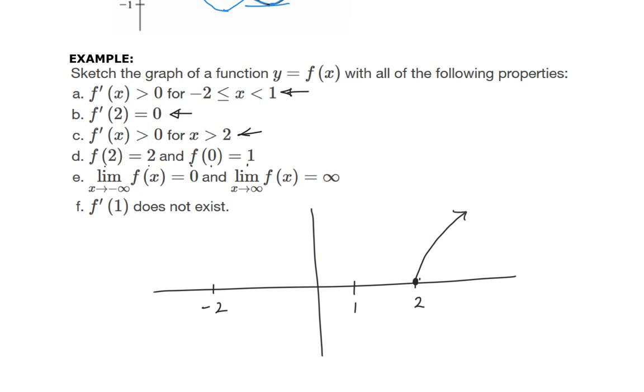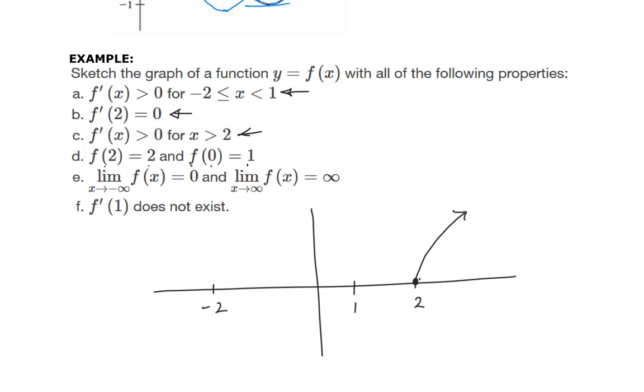Okay. So let's see if we can pull this all together. Now I'm drawing in black the derivative part of the graph. So between -2 and 1, we are above the x-axis. So sure, we can be above the x-axis this entire time. And it doesn't say that I have to touch the x-axis or anything.